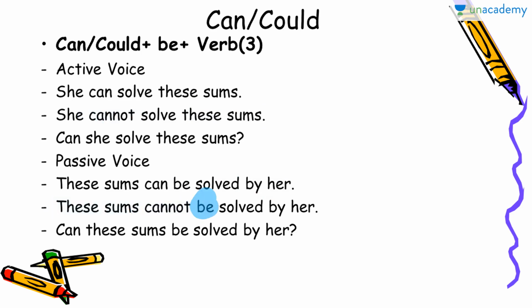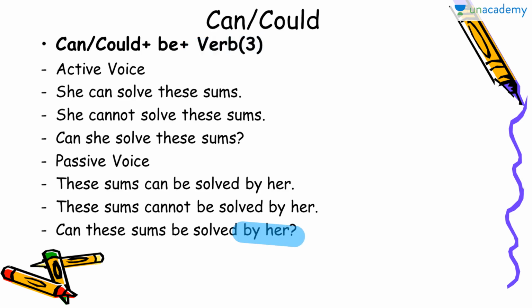We add be, then we add the third form of the verb, solved, and then by whom? By her. So this she comes at the last, and becomes by her. Now in the interrogative sentence, we keep can at the same position at the start. Then instead of she, we have the object over here, these sums. Then we add be according to the format, and solved according to the format again, which is the third form of the verb, and then by whom is it solved?